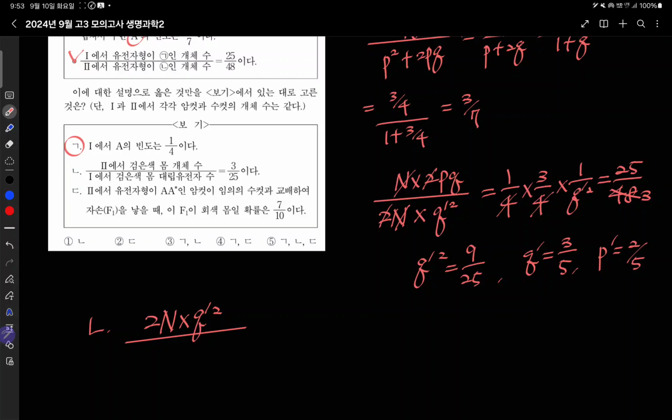And in the first population, the number of A asterisk alleles is n times 2 times q squared, because we are counting the number of alleles. If it's a homozygote, we are going to multiply by 2 because there are 2 alleles.